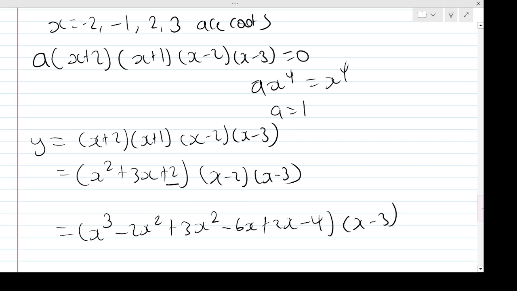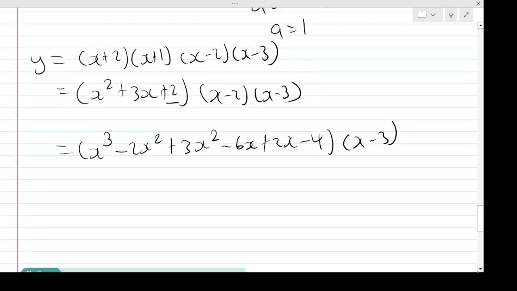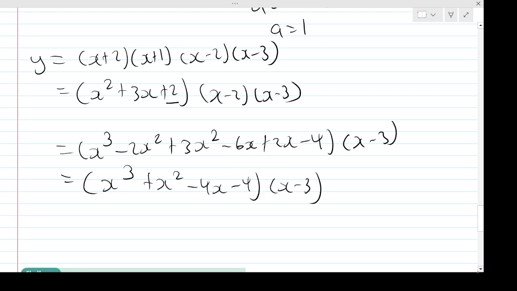We can simplify it to make it a lot easier for us. So simplify this bracket because we can collect some terms. We'll have x cubed, then minus 2x squared plus 3x squared will be plus x squared. Minus 6x and 2x will be minus 4x, minus 4, and minus 3. Then we need to expand this again. Firstly, x cubed times x is x to the 4, minus 3x cubed.